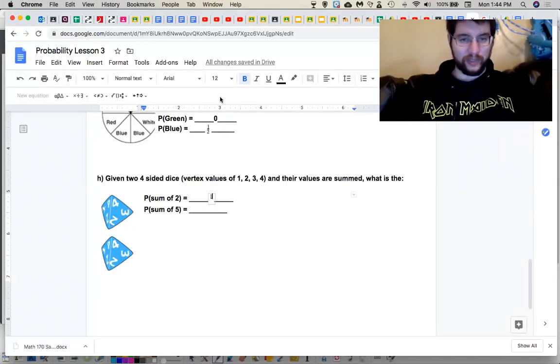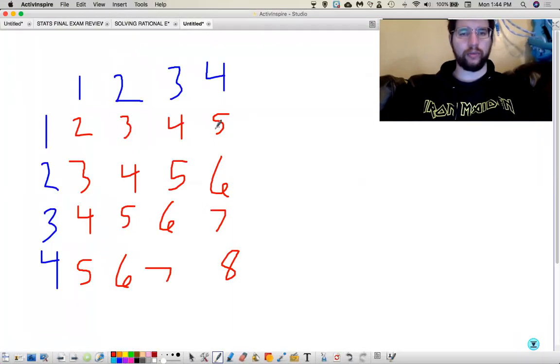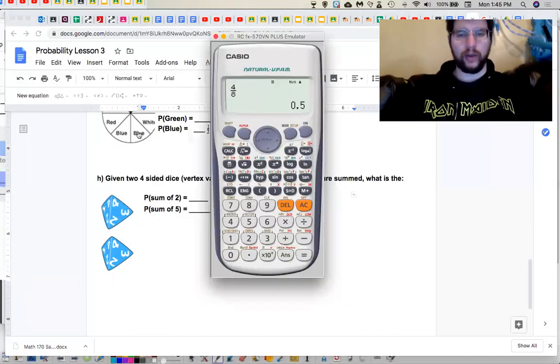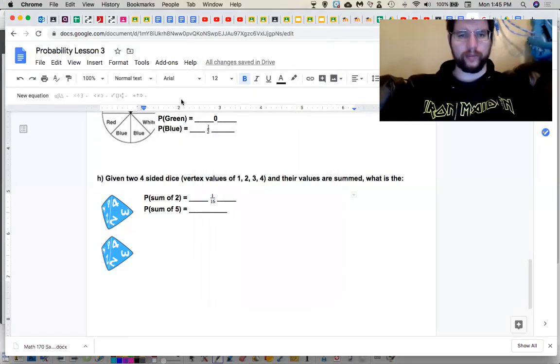Sample space has a size of 16. Now 5. Let's see how many 5s we have. 1, 2, 3, 4. Okay. So that'd be 4 out of 16. But watch, that can be simplified. 4 out of 16 is 1/4. That's what I'm going to write.